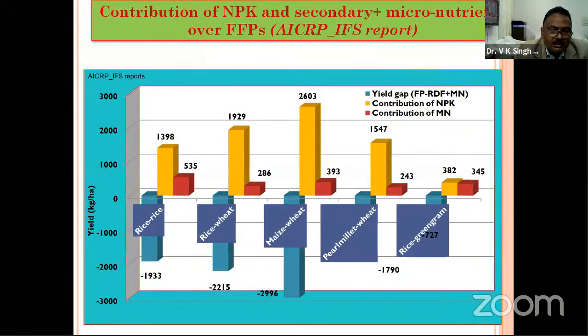Now I will show some of the results. This is an all India level experiment. When I was at Modipuram, I was doing this kind of work and found this kind of yield gap.